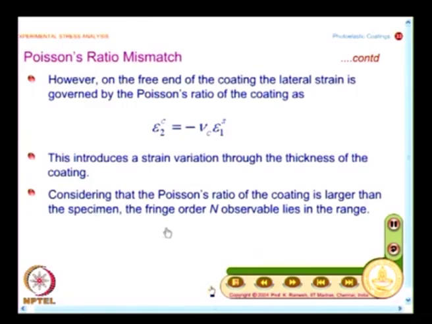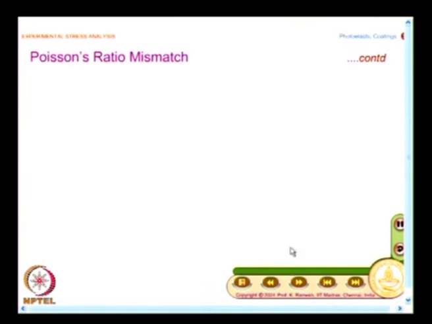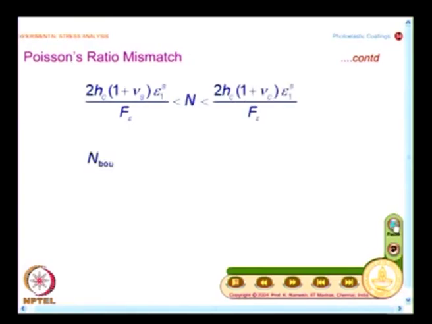And what you have is the fringe order n observable lies in the range, straightforward application of your strain optic law. I do not know how many of you are able to see this. I will have epsilon 1 minus epsilon 2 as n f epsilon by 2 h c, and this epsilon 1 minus epsilon 2 is written in this fashion here, because I know epsilon 1 s minus of minus nu s epsilon 1 s, because epsilon 2 s is minus nu s epsilon 1 s.